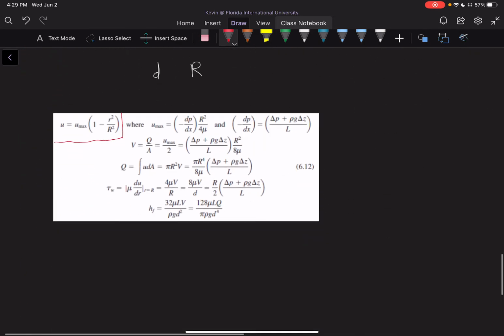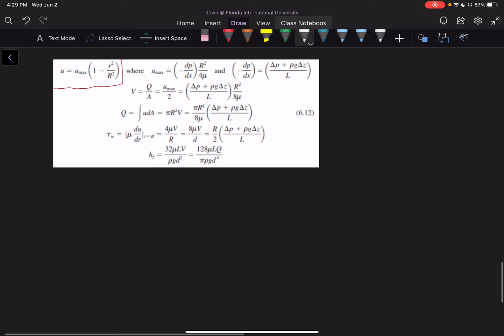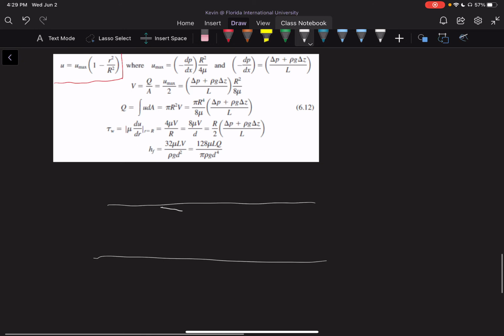So if we have pipe flow going sideways, let's say, and we have a velocity profile that looks like this for fully developed flow, which is what it looks like, we can actually find the velocity at any point within that radius.